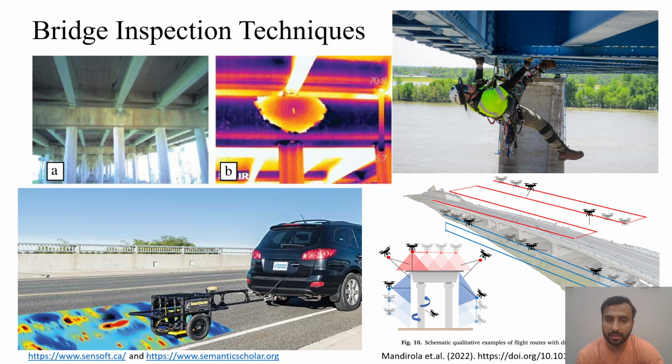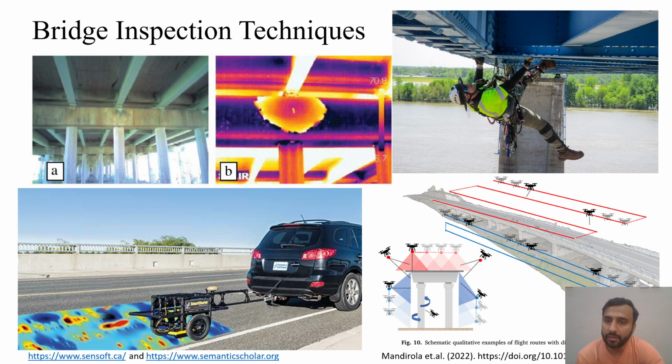Whenever there is a change in color, it shows the material has different heat capabilities. So we can assess which component is weaker as compared to the adjoining components, and that can give some information about the weaker part of the bridge component. Likewise, GPR uses radar technology to assess the weaker components, particularly in the deck area of the bridge.